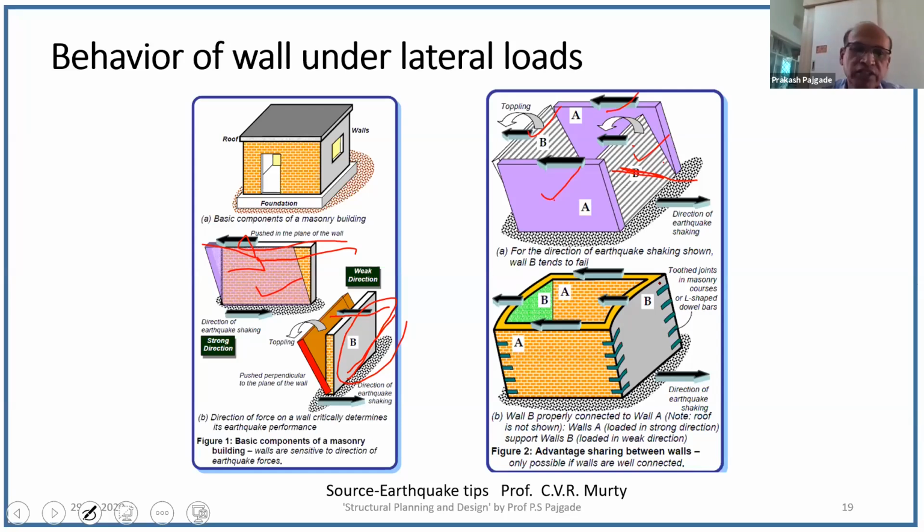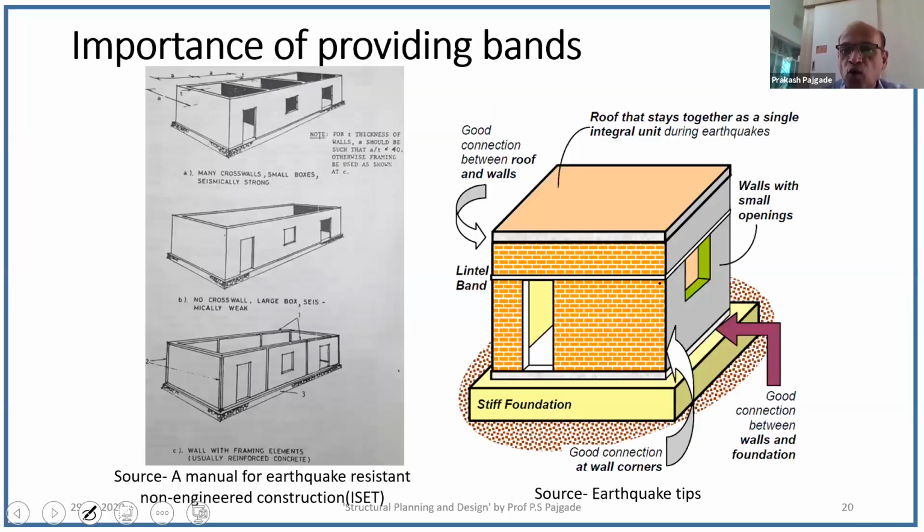Now, whatever we are discussing for load-bearing structure is also applicable for frame structure. Whenever there are openings, it will reduce the strength. So the position of openings is most important in case of load-bearing buildings.